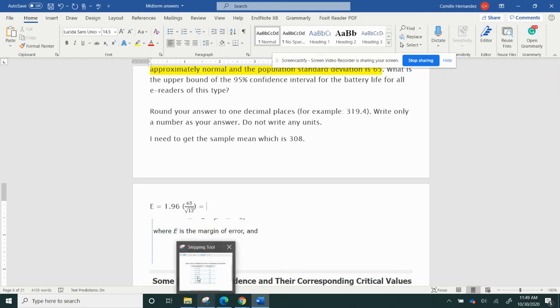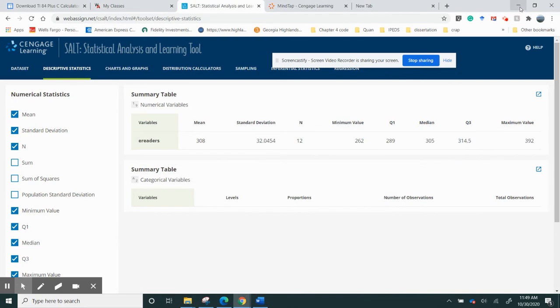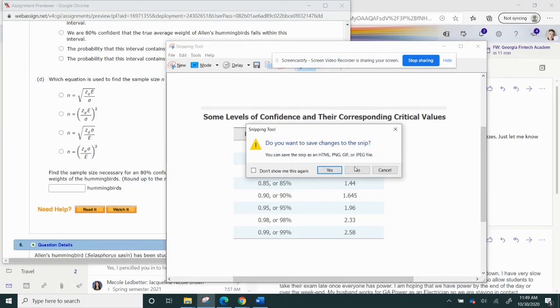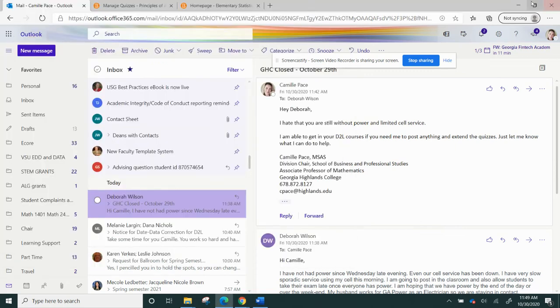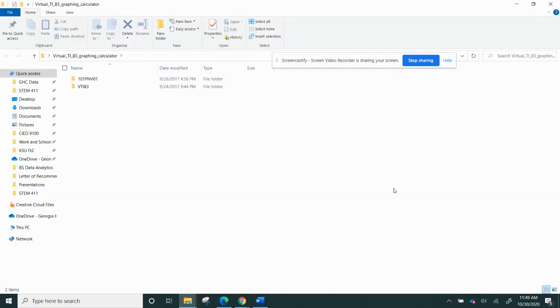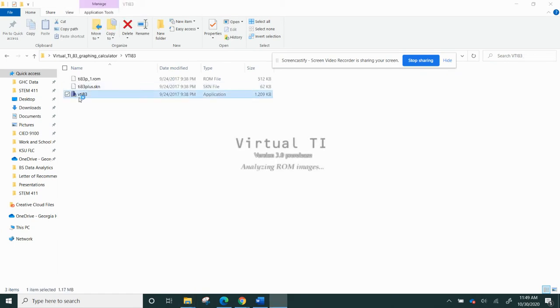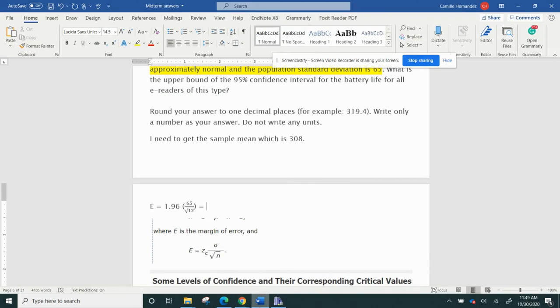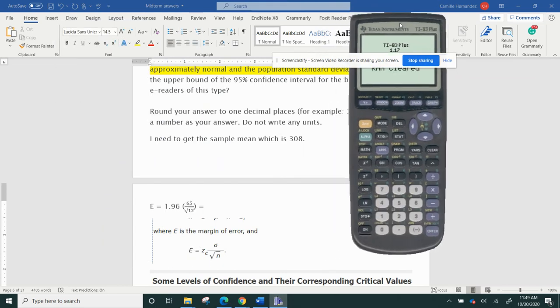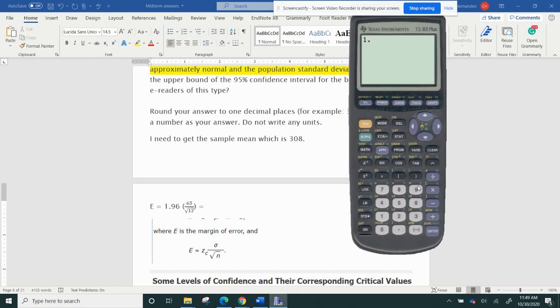Let me bring up my calculator so I can show you how I'm putting it in. Sorry, I have a lot of windows open, but I wanted to make sure I had everybody for it. So I'm going to do 1.96 times parentheses 65 divided by, and I do the parentheses just because of the square root of 12.